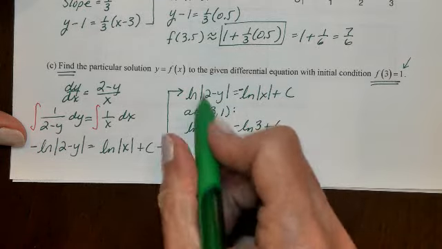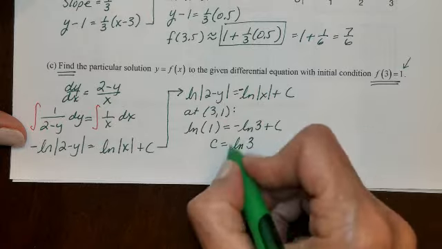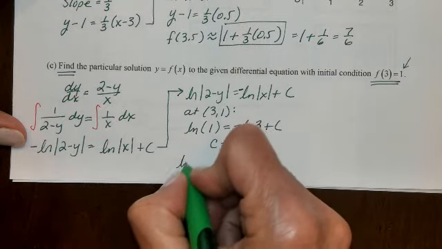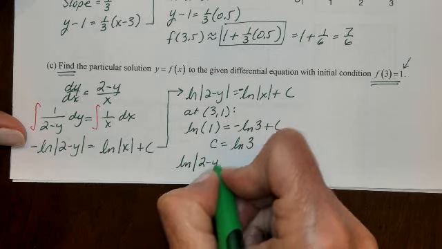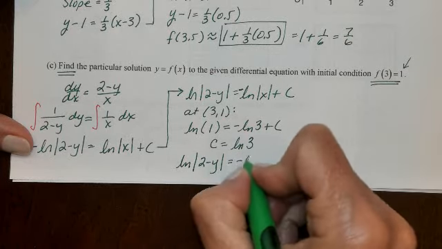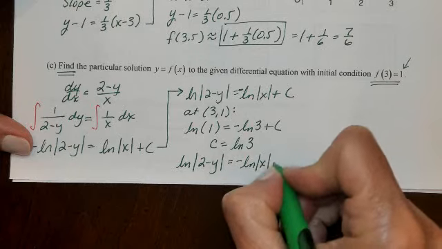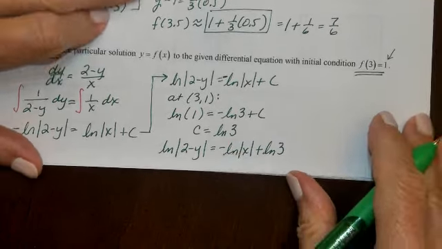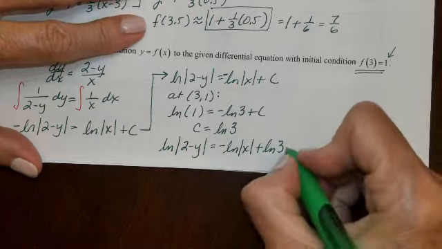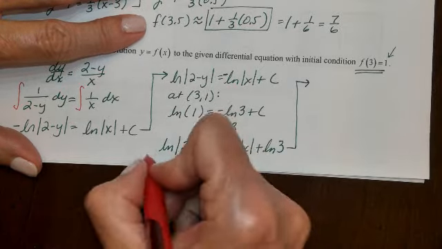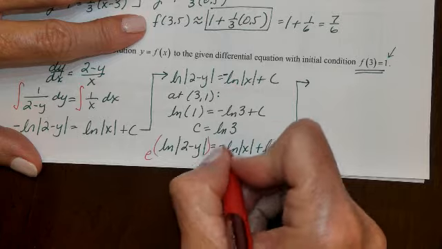So back to my y equation, because I need to put that c value into my last y equation, I have natural log of absolute value 2 minus y is equal to negative natural log absolute value x plus natural log 3, right? Now we have to solve this for y. So e to both sides.